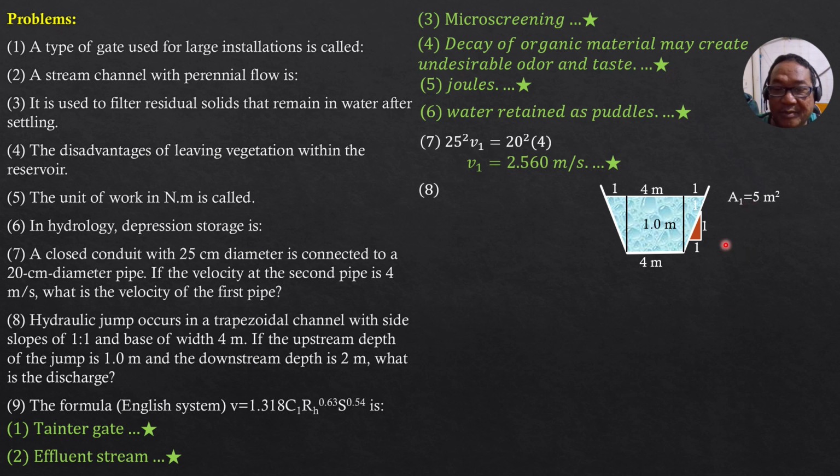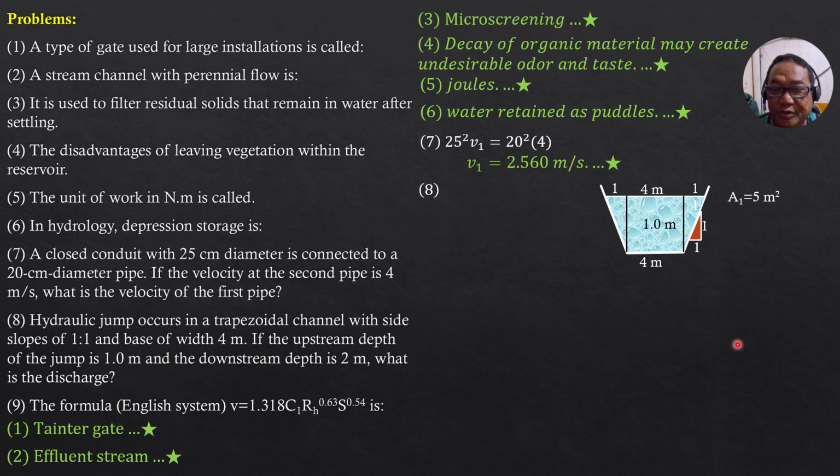So area 1 consists of a rectangle and two combined triangles. So 4 times 1 is 4, then plus 1 half of 1 plus 1, so 1 half of 2 times 1 is 1. So 4 plus 1 is 5 square meters.